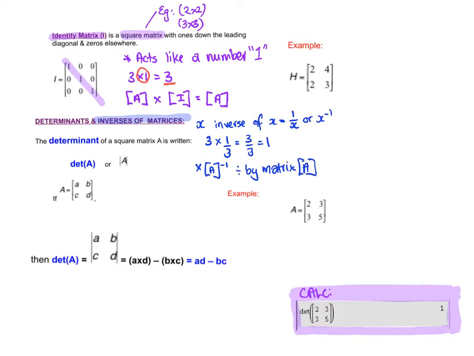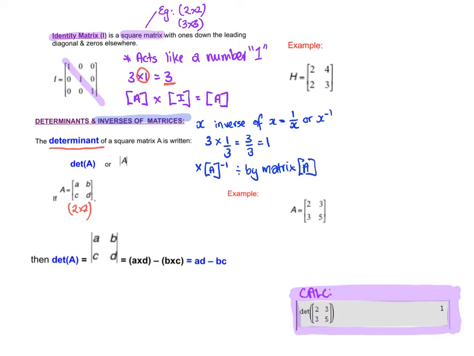All right, so we're going to work out how to manually find the inverse of only a 2x2. So you can see here we have a 2x2. And first of all, we need to work out the determinant of this matrix.